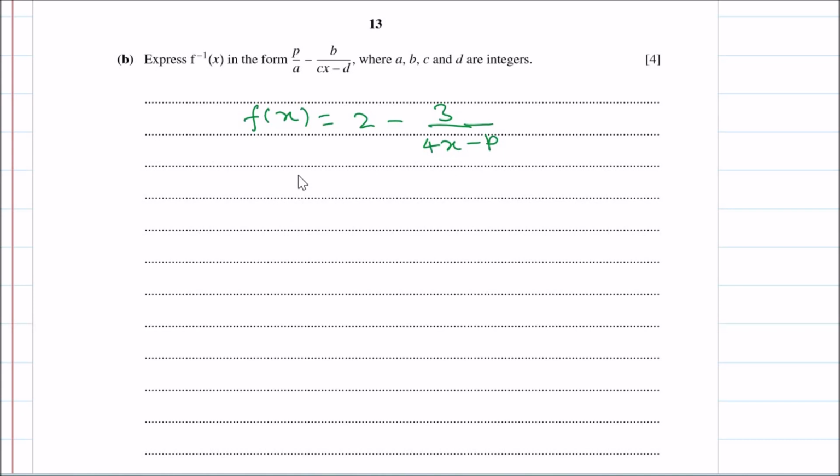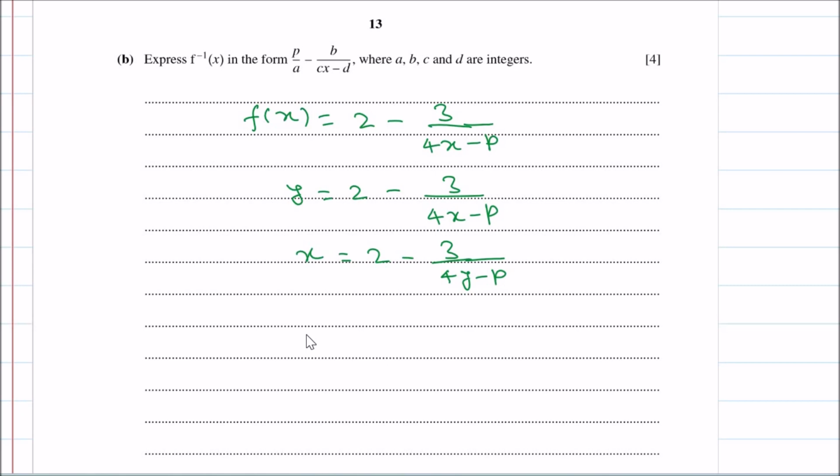Now to find the inverse, we need to replace fx with y. So write y here, 2 minus 3 by 4x minus p. Now swap x and y, means in place of y write x and in place of x write y. So x equal to 2 minus 3 by 4y minus p.